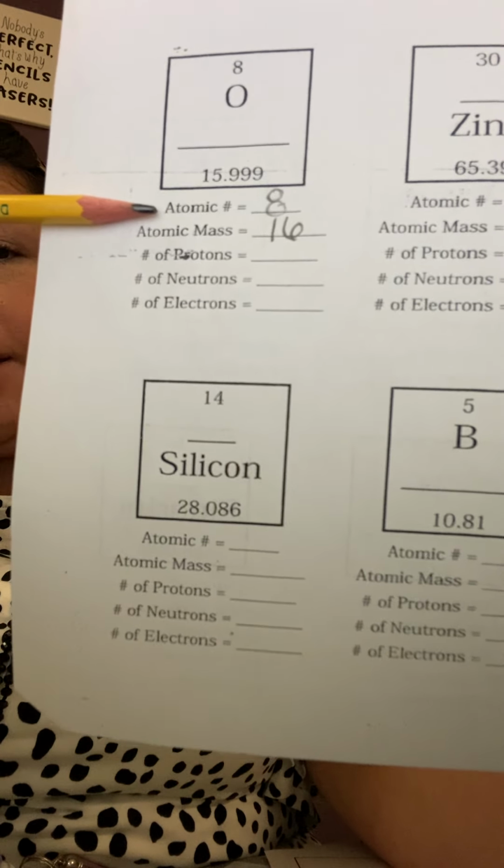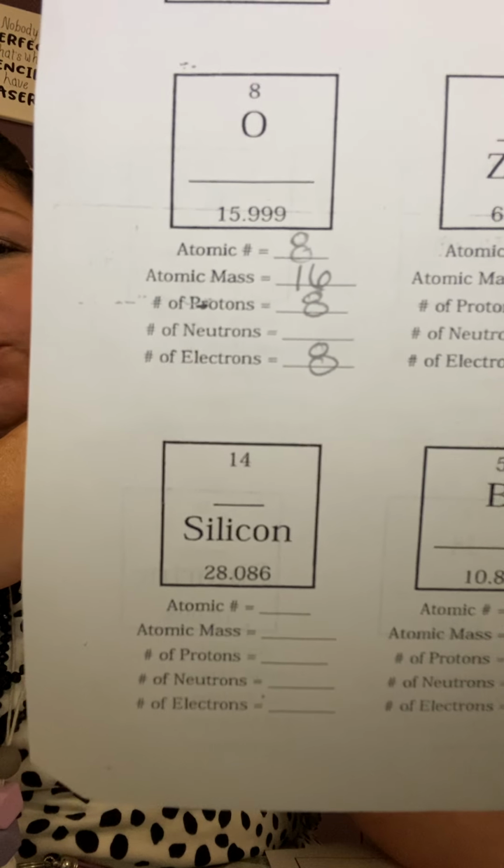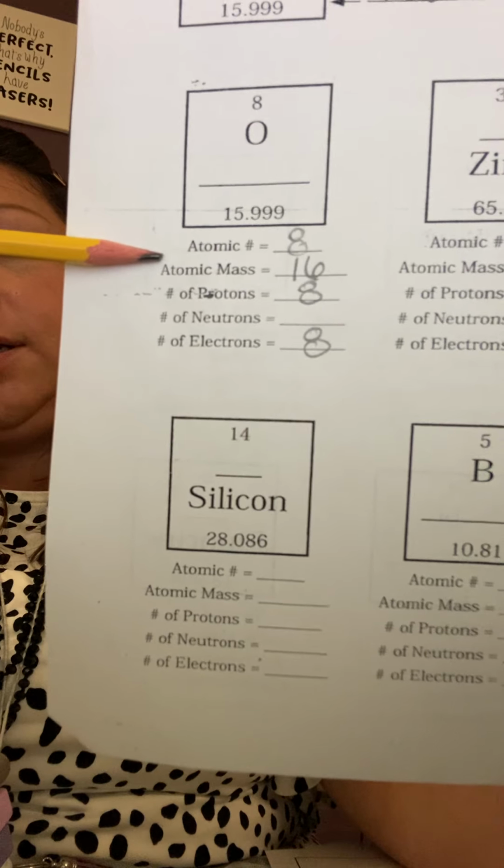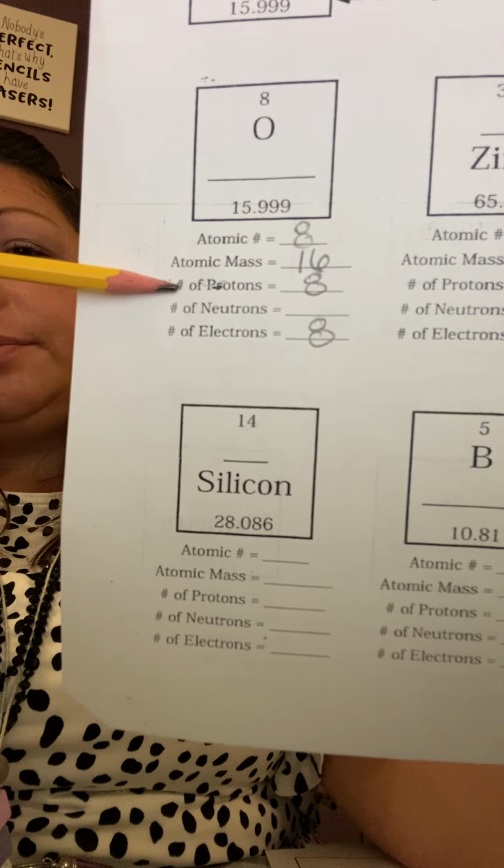So the atomic number tells us protons and electrons, okay? So we have it this far. And then the last thing we're going to look for is the neutrons. And we get that by subtracting. So we're going to do 16 minus 8, which should give you 8.